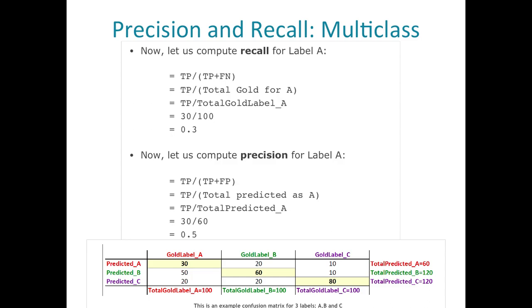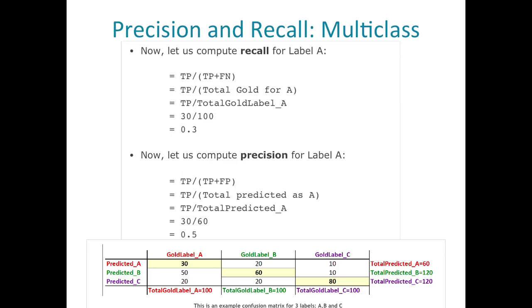If we look at this example, you can go through these numbers yourself, but for the recall, the true positives for label A would be 30, because those are the samples that our classifier labels as A and that in fact have label A. It's divided by the total number of gold labels that we have.